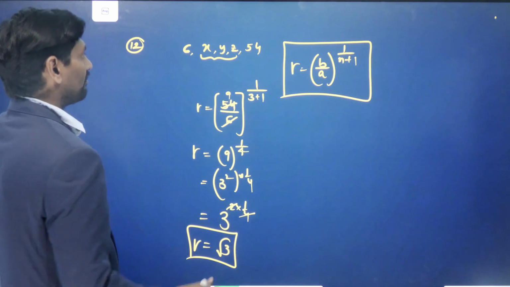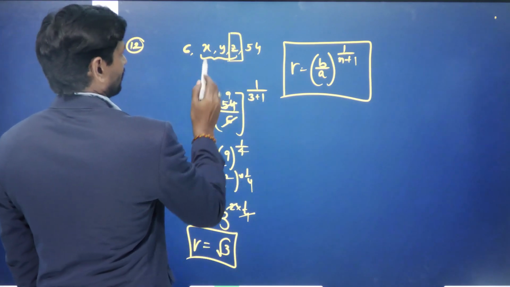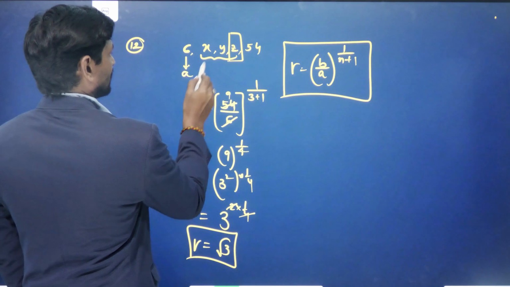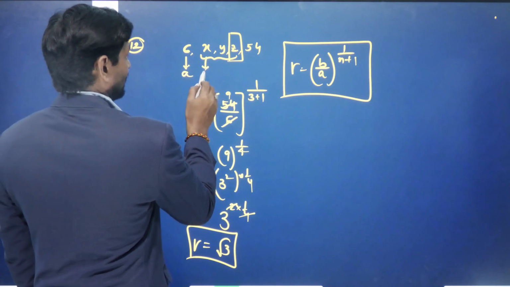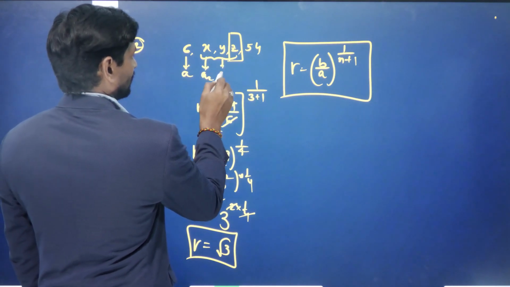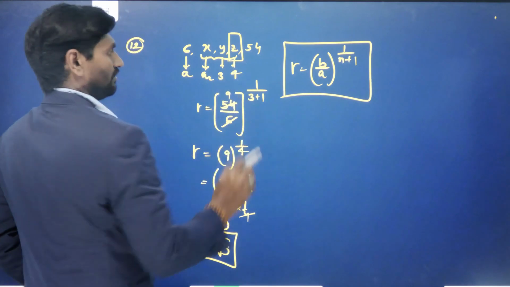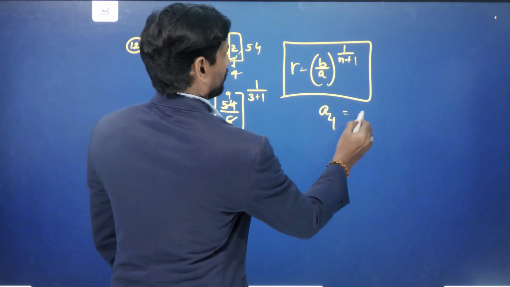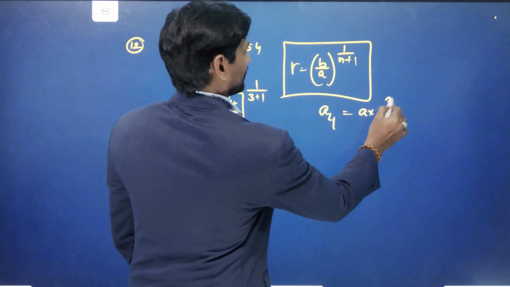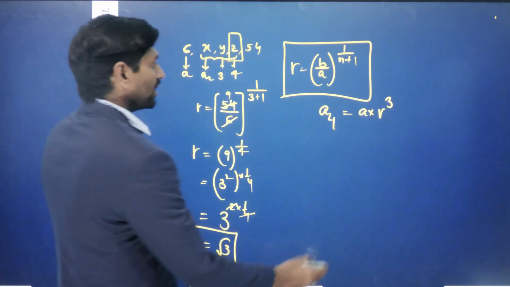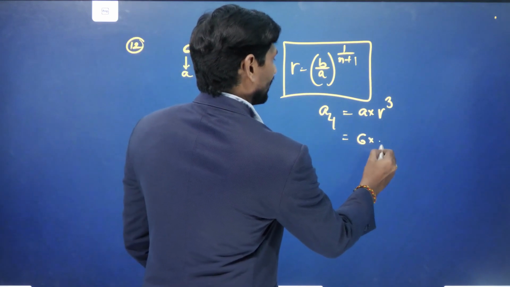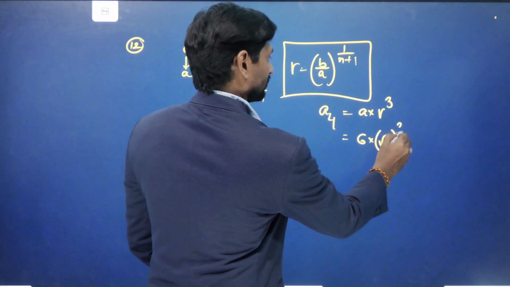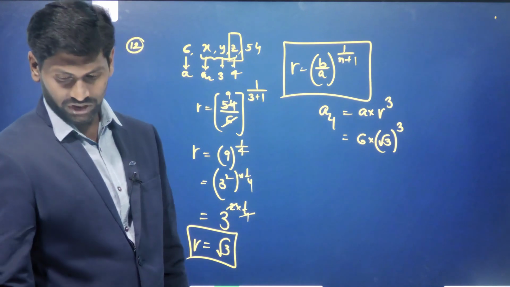Now we need to find the z value. If you are considering the first term, second term, third term and fourth term, we need to find the fourth term now. That means a4 equals a into r power 3. The a value we already got, that is 6, and the r value is root 3, whole cube. So 6 into root 3 whole cube.